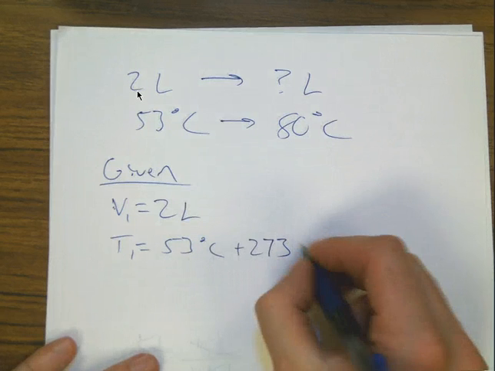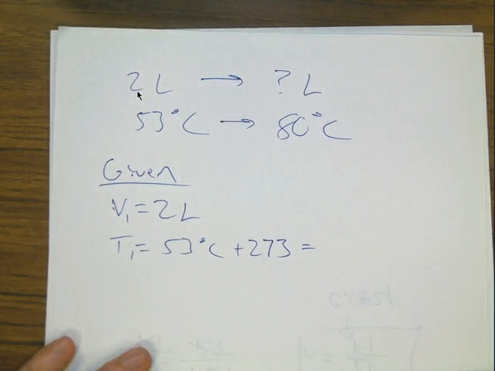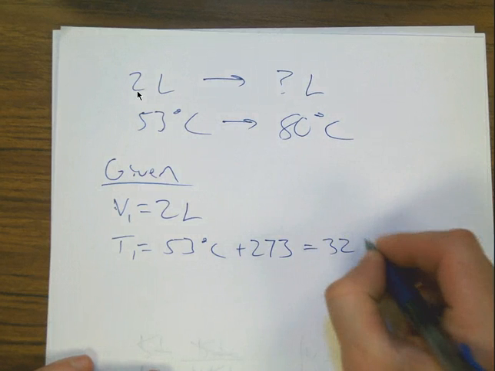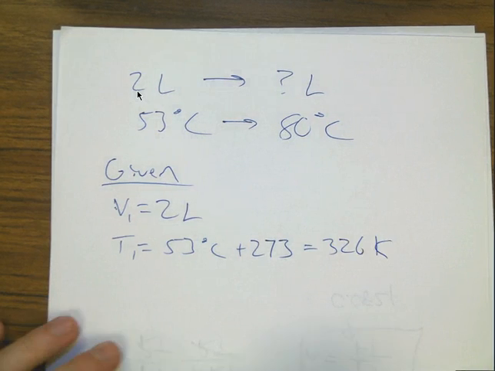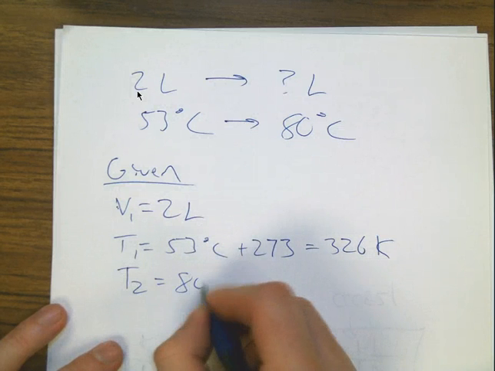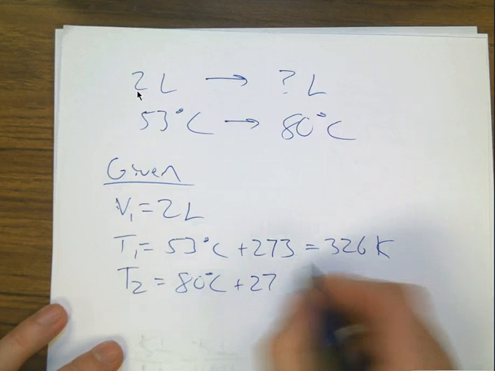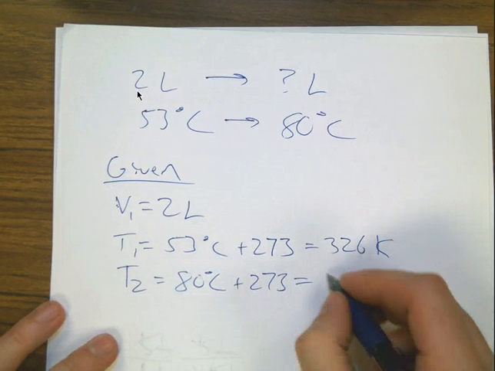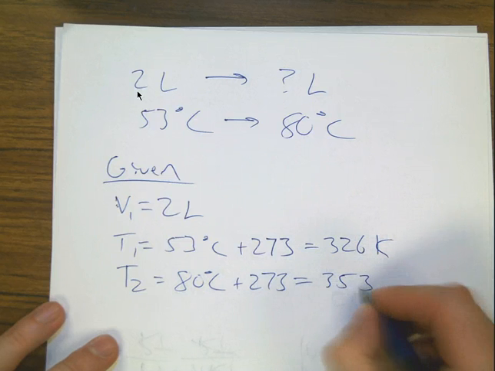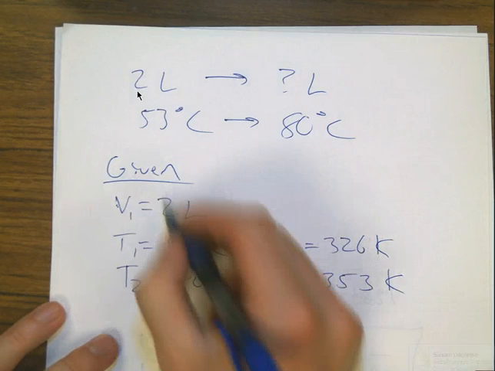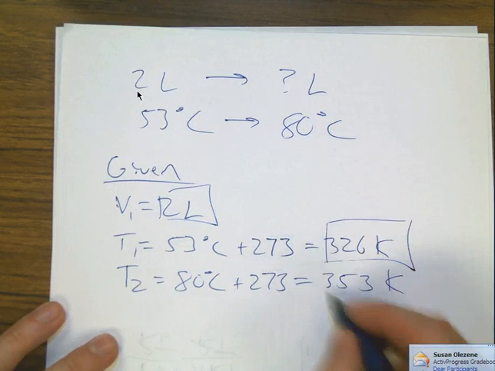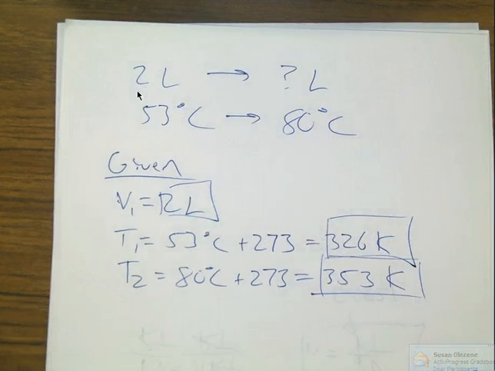When I do that, I get 326, I believe. And I know my final temperature is 80 degrees Celsius. Add 273, and that would be 353 Kelvin. So that is my volume. This is my initial temperature. That's my final temperature, which we call T1 and T2.